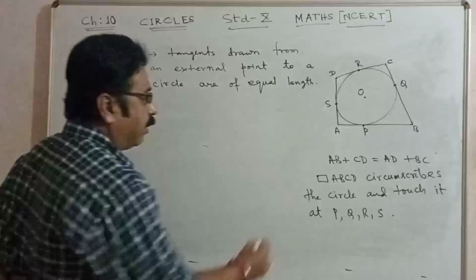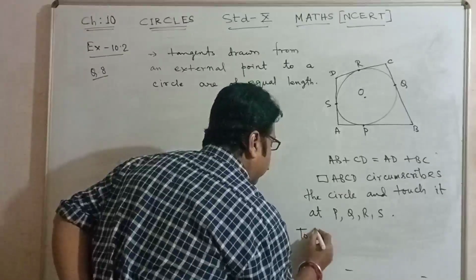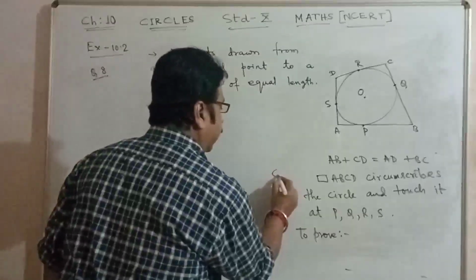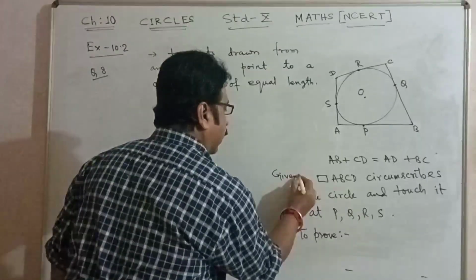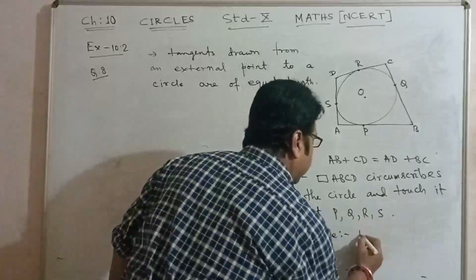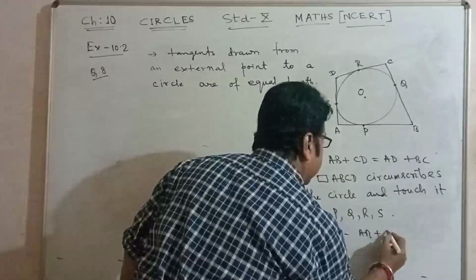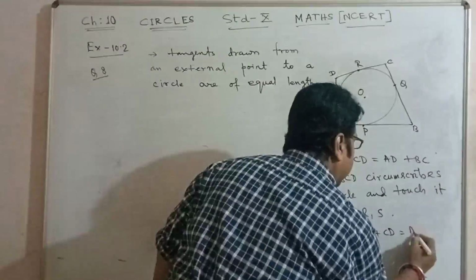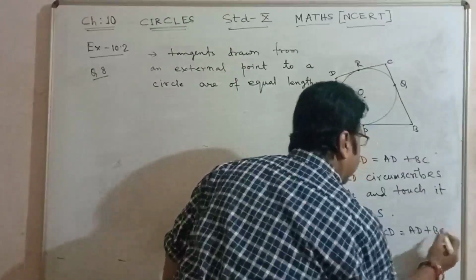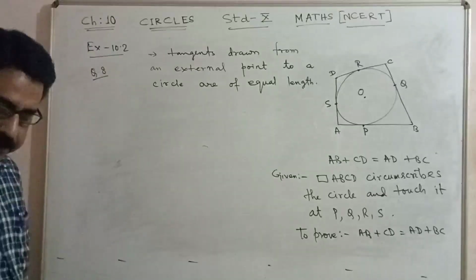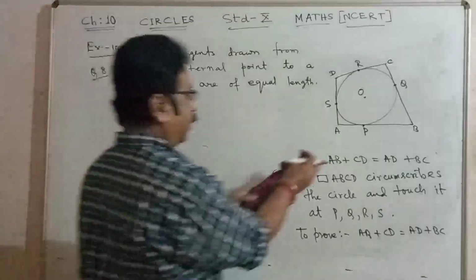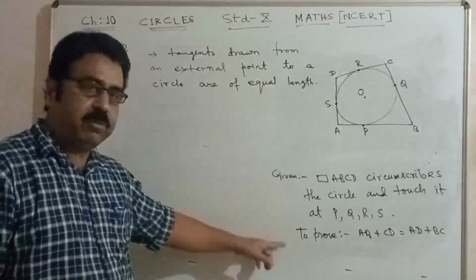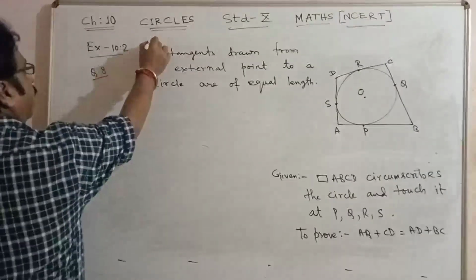After that you can write: to prove AB plus CD equals AD plus BC. First you write the given, then to prove, then it is proved.